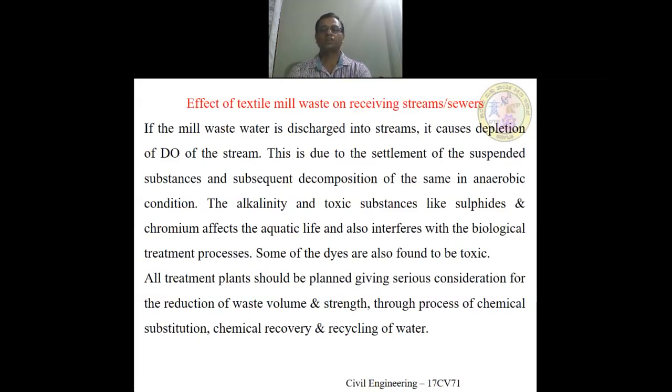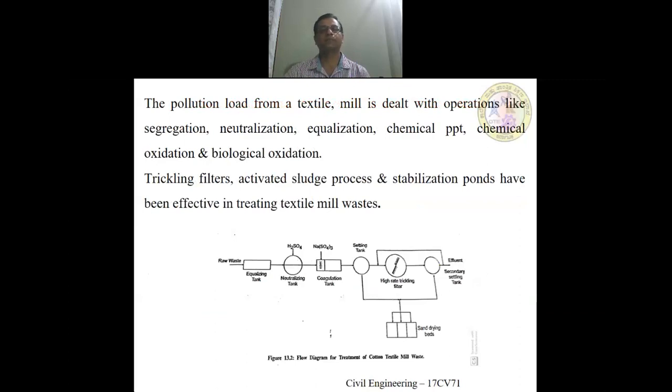All treatment plants should be planned giving serious consideration to the reduction of waste volume and strength through chemical substitution, chemical recovery and recycling of water. So in wastewater treatment you follow volume reduction, strength reduction and recovery of chromium and other substances, and the water can go for recycling.